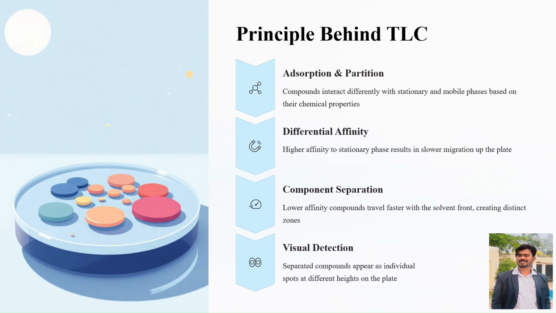Whereas absorption means, like, if I put a sponge cube in a bowl of water, what will happen? The sponge cube will absorb the water all over the sponge. Like, this is absorption.